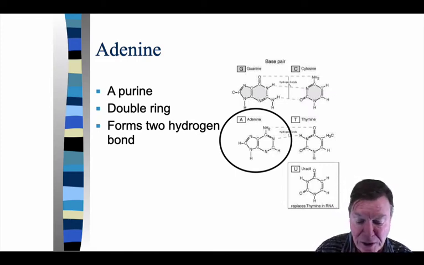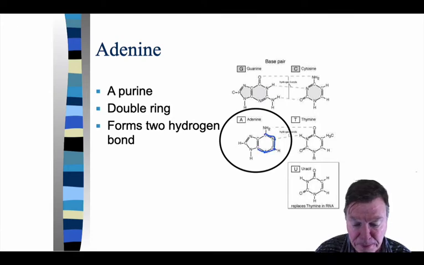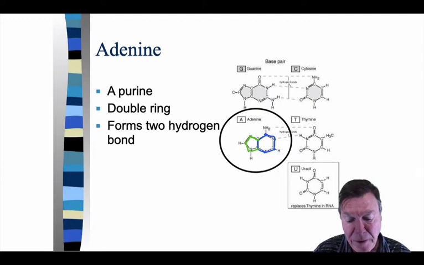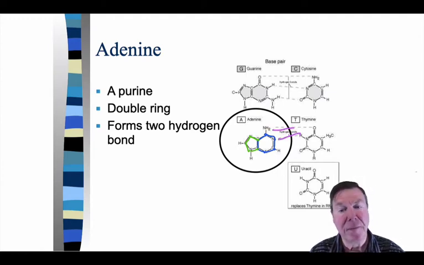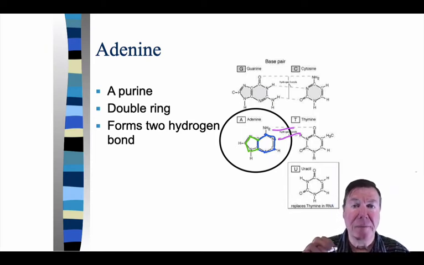So it has 2 rings. This is one ring here. Here's a second ring over here, and it forms 2 hydrogen bonds. So it's double ring, double bonds, and the category is a purine. Adenine is a purine with 2 rings, 2 bonds.